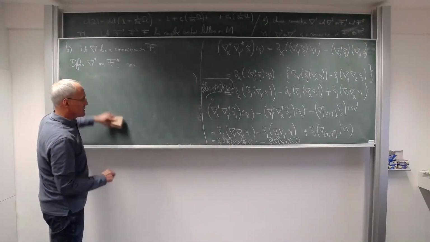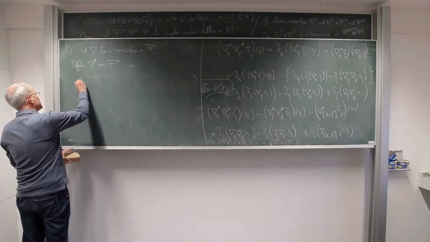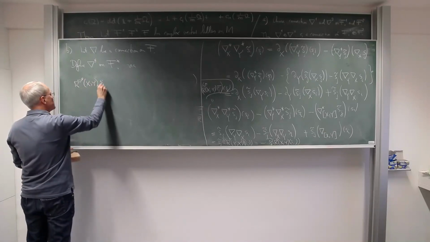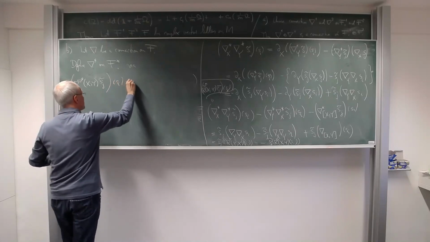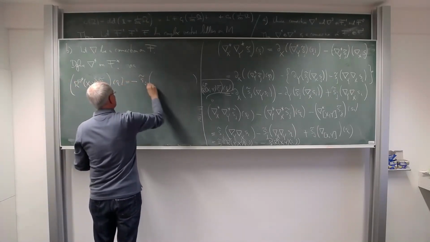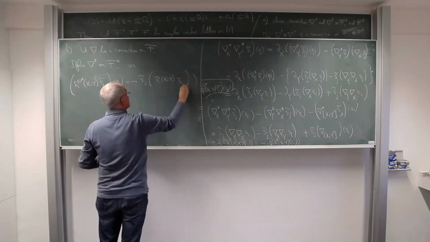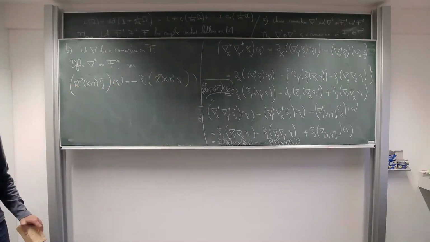We have computed that for this connection, R nabla star x, y applied to S j tilde, and this is applied to Si, it's the same thing as minus S j tilde applied to R x, y, Si for nabla. So that's what we have computed.